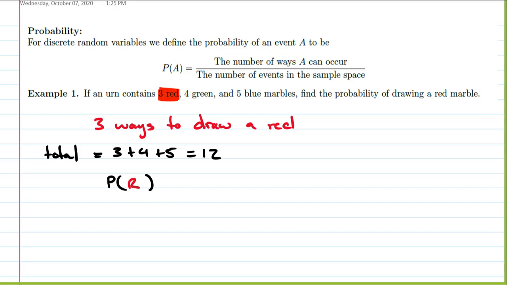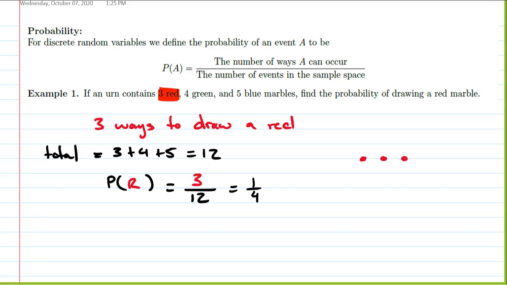is going to be equal to the number of red marbles divided by the total. So 3/12 or 1/4. So it would appear that we would have a 25% chance. And if you think about it, that makes sense, right? We have 12 marbles in this container.